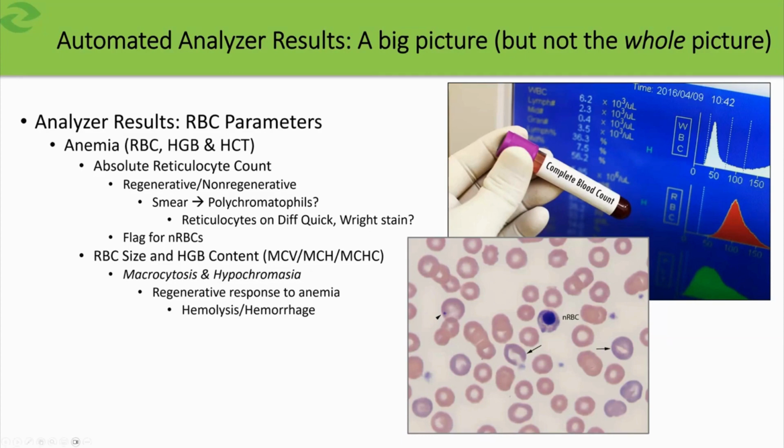And because polychromatophils or reticulocytes are less mature or immature anucleate red blood cells, they tend to be larger and have their full complement of hemoglobin. Because the cell volume is greater than a mature erythrocyte, the effect is to have a lower hemoglobin concentration per volume of that cell.